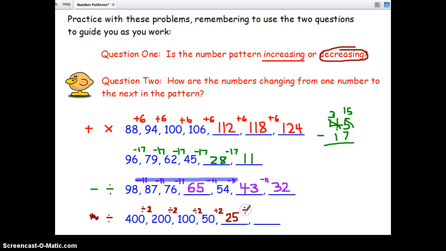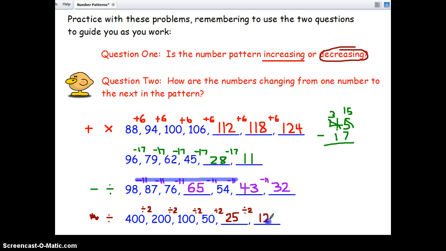25 divided by 2. Uh-oh. 25 is an odd number. If I divide that in 2, now I need to start thinking about my decimals. 25 divided by 2, if I split that in half, it's not going to end up being even, is it? So I have to ask myself, what's a number close by I can divide by half? 24 divided in half is 12.